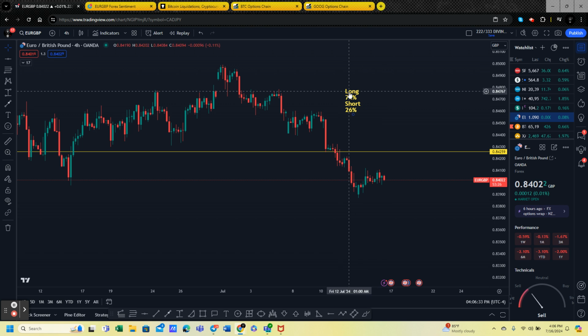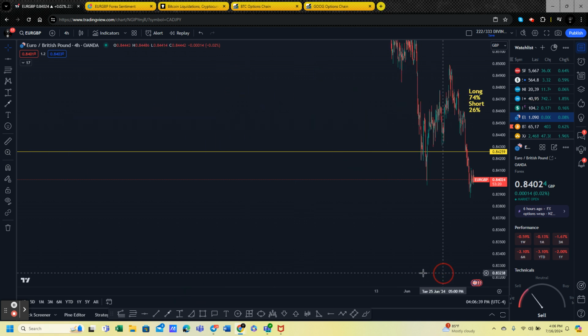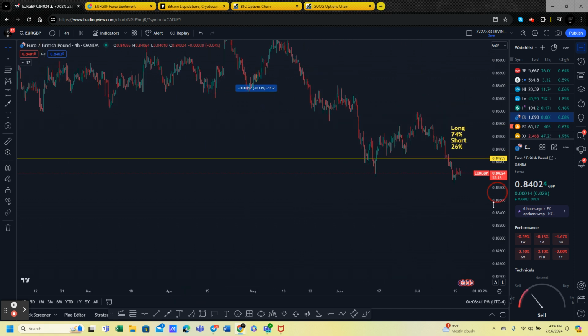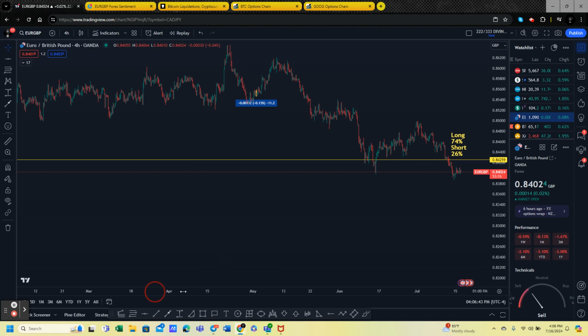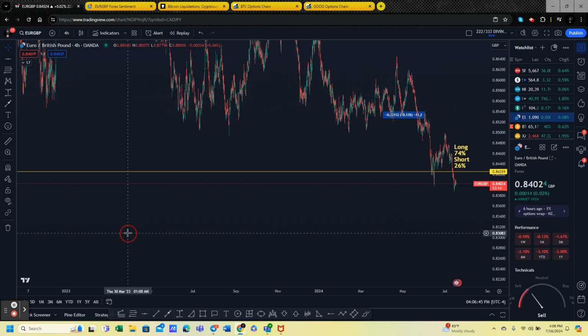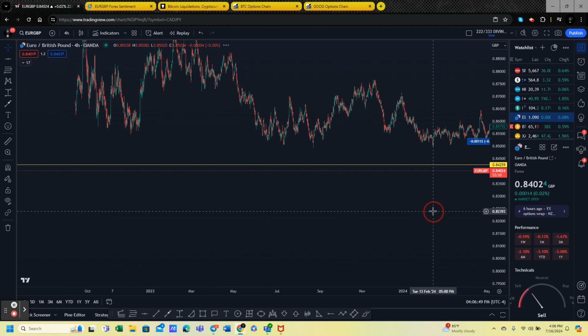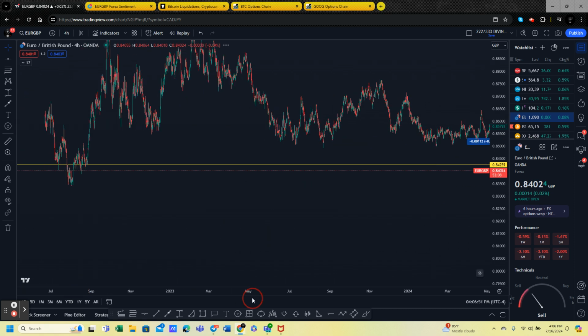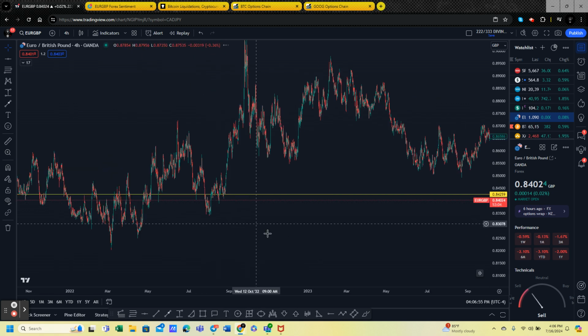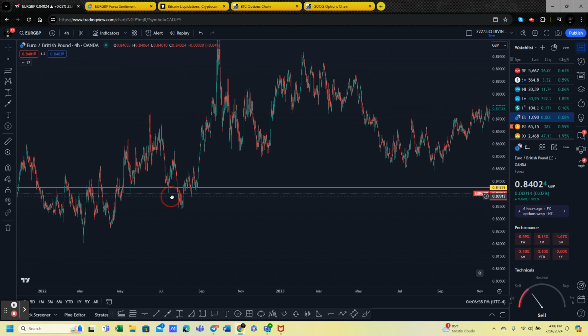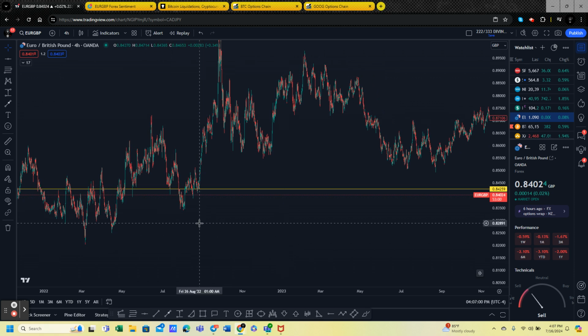So we got this 74% along. We're still looking to take this thing on down to the downside. And we're trying to find structure over here at this level so we can see where price can come on down.